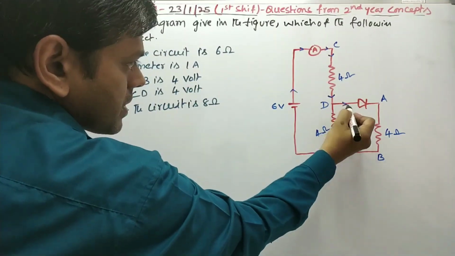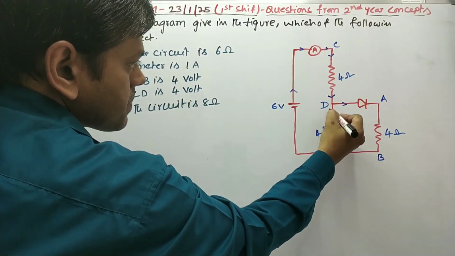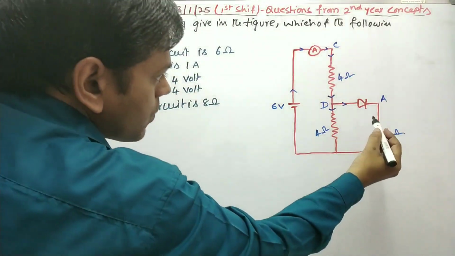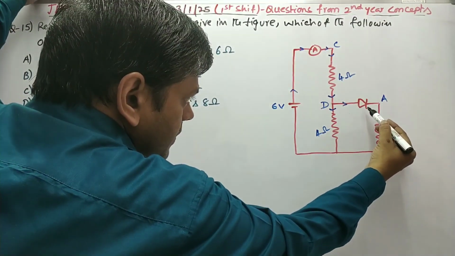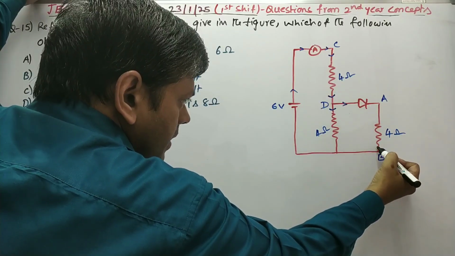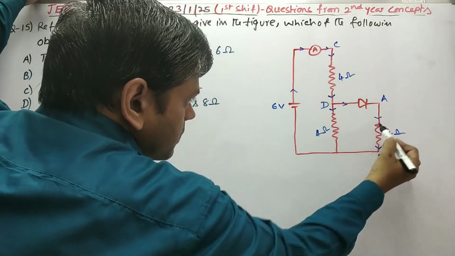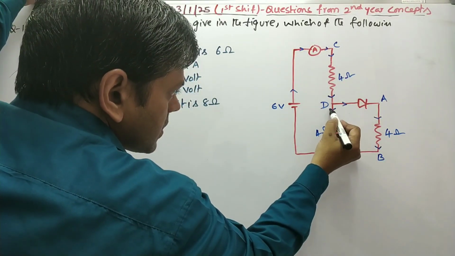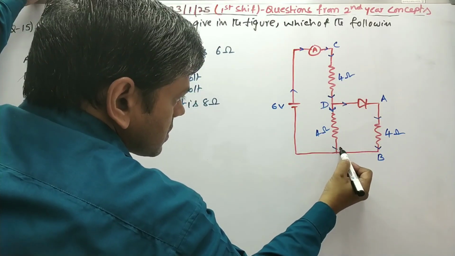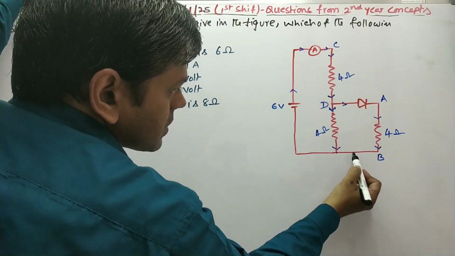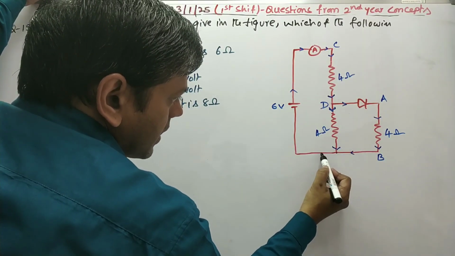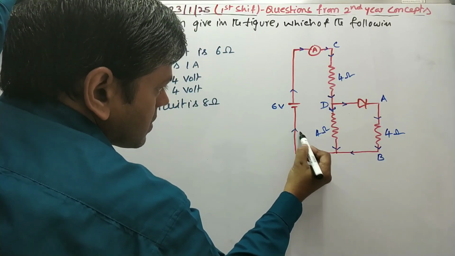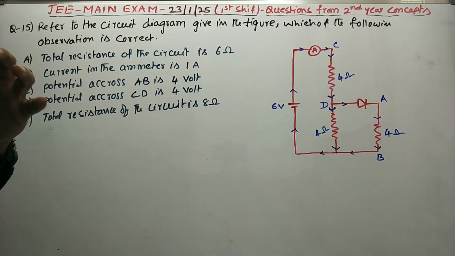Some current passes through the diode, and the rest passes through the resistor. These two are again combined and reach the battery. This is the way of the current.